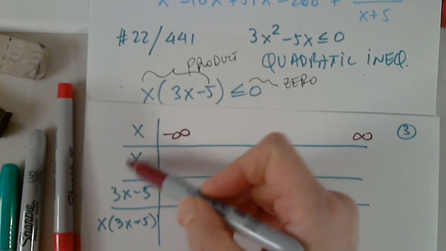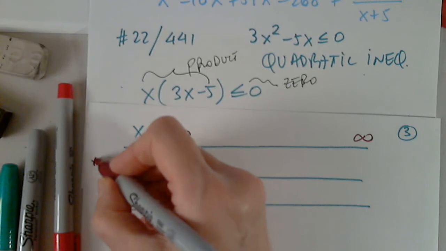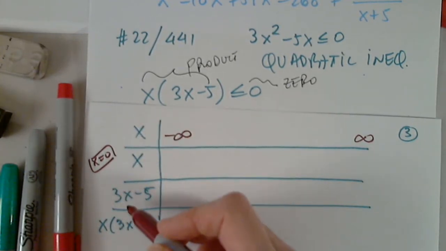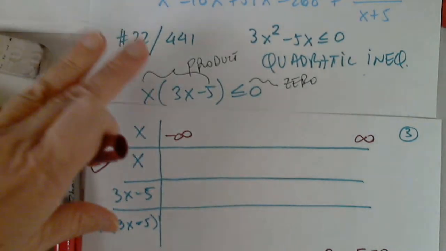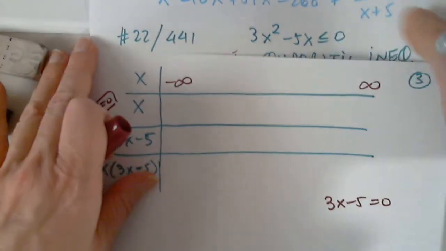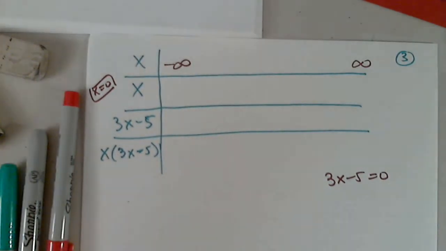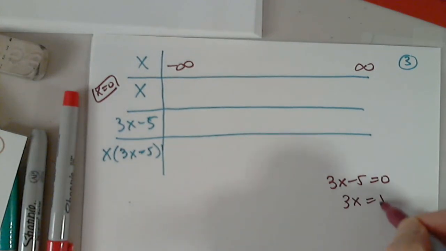Now, this x could be 0. When x is 0, this is 0. Let's write it. 3x minus 5 equals 0. I move 5 to the other side. I don't need this anymore. Yes, I do need it for the sign. And then I get 3x equals 5 or x equals 5/3.